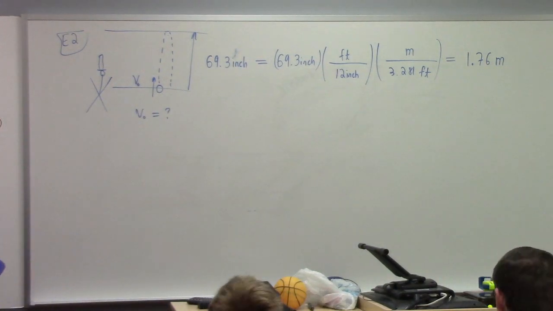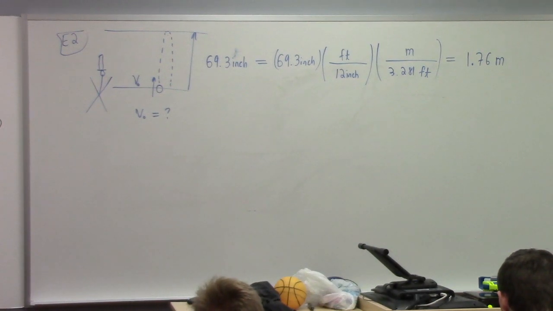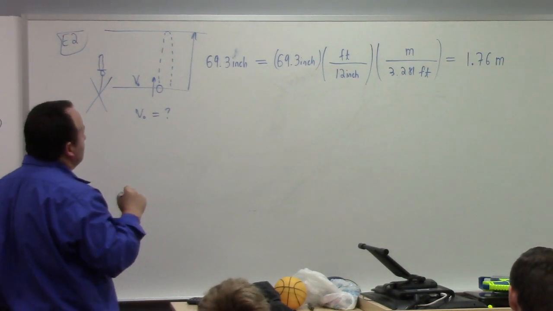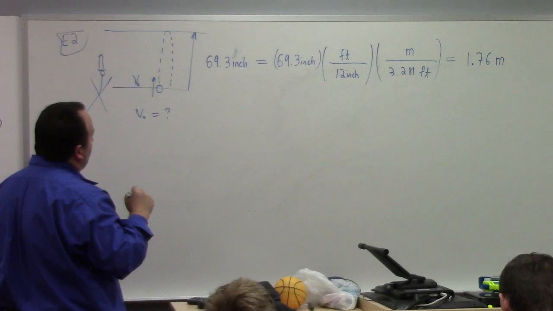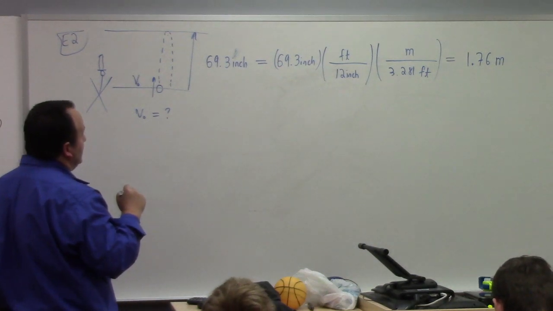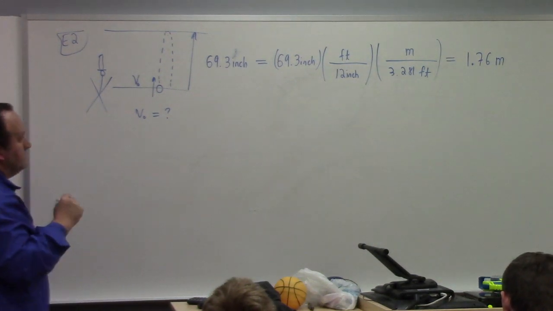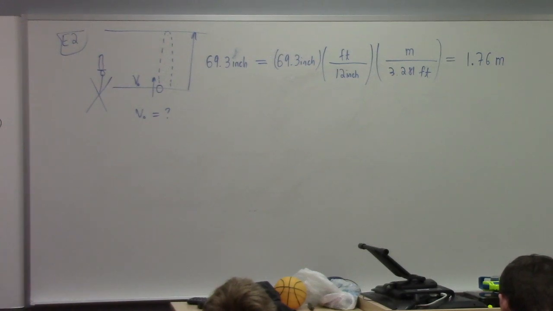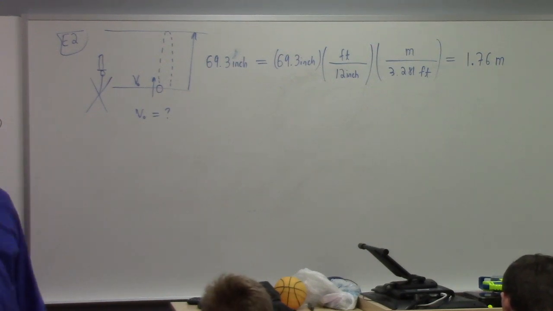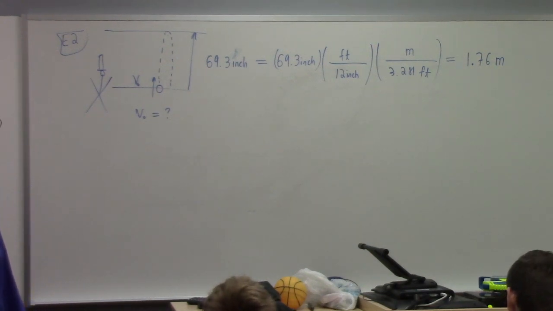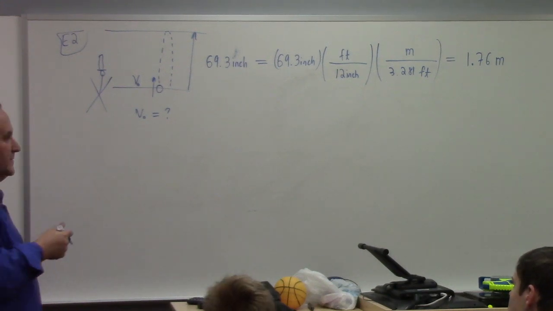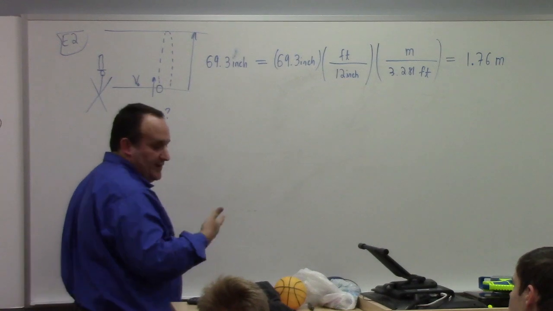So how do we figure out how fast the ball was leaving my hand? Time? Do we need to know the time? It seems like knowing time would have made things nice, but we don't know. That's another interesting question. How long was the ball in the air? I'm pretty sure knowing how high it went is enough. Let's work it out. So what are the equations at play here?